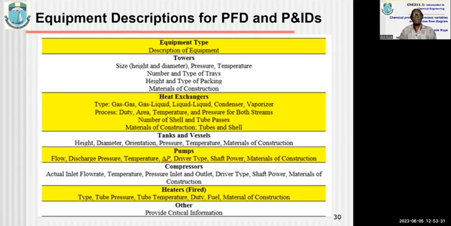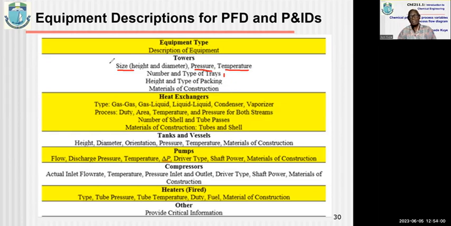If it's a tower, for instance, that means a column, then you need to provide the size, the pressure, and the temperature. If it's a tray type, then the number of trays, the height and type of packing, and so on and so forth.